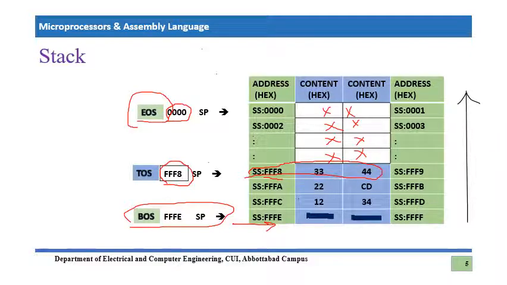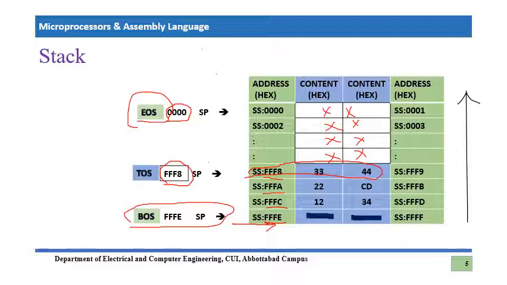Look, the starting value of stake pointer was triple FE, then it subtracted by 2, it becomes FFC, then subtracted by 2, FFFA, and so if we fill the complete information, the last word which will be stored inside this stake will be SS colon 4 times zeros, and that is also the end of the stake, which will dictate that stake is now full.